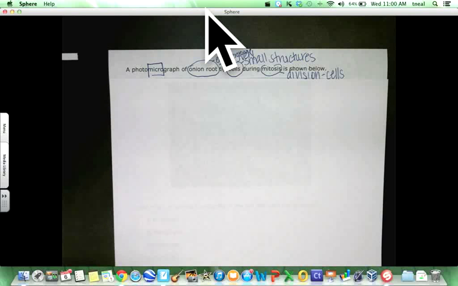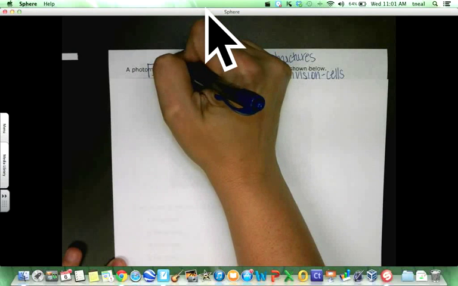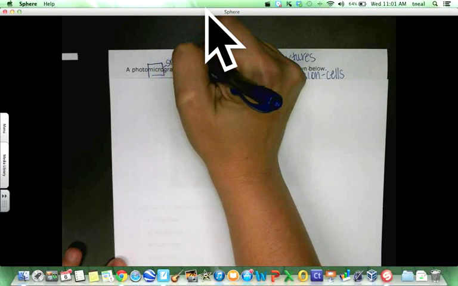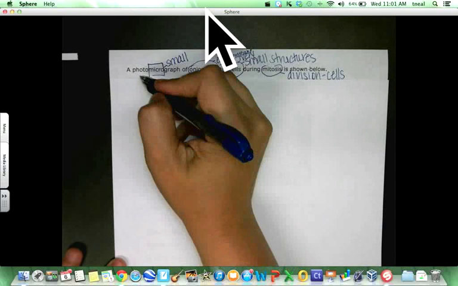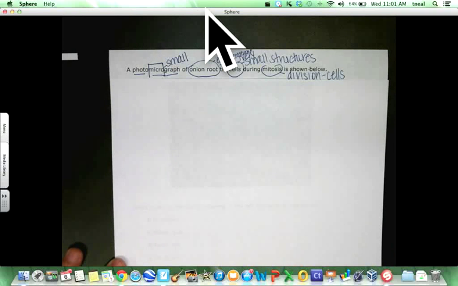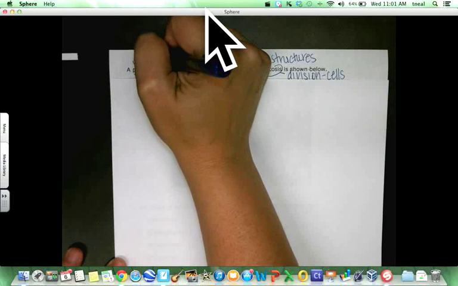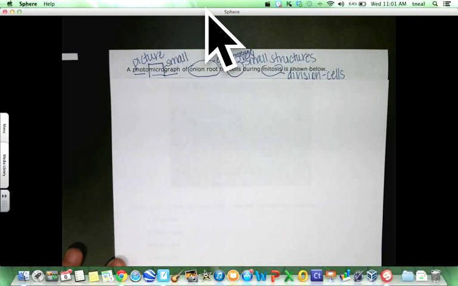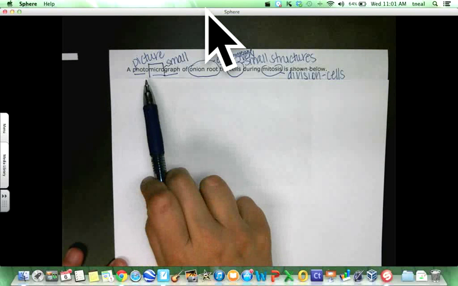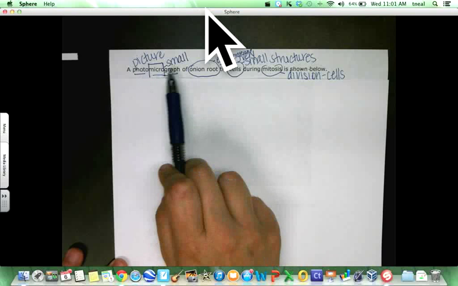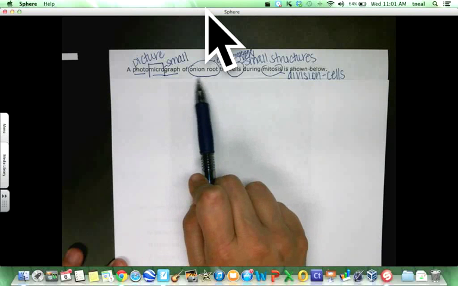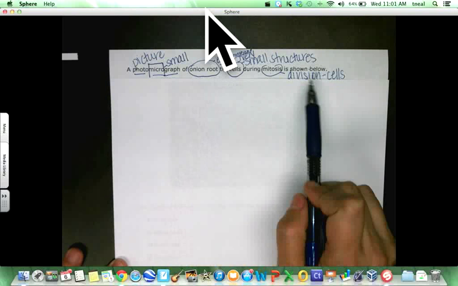We talk about microorganisms, so I know that micro means small. Okay? So photograph is a picture. Therefore, now when we look at that sentence, we're looking at a picture of something small. It's going to be of onion root tip cells, and they're going to be dividing.